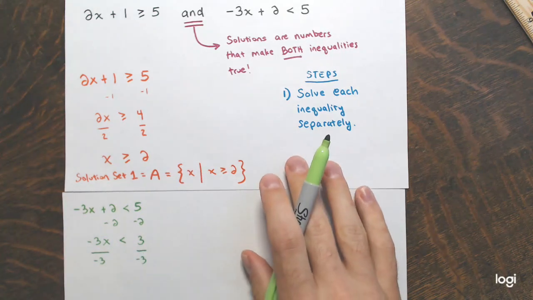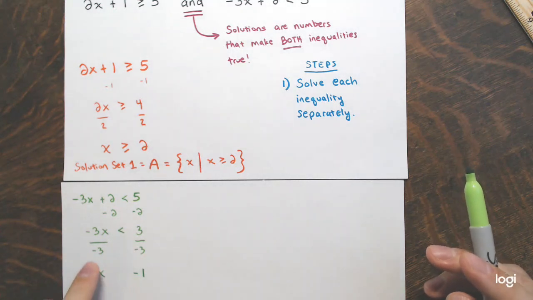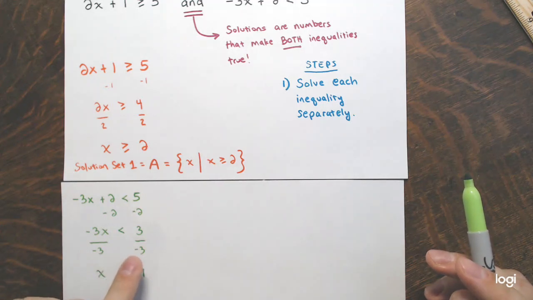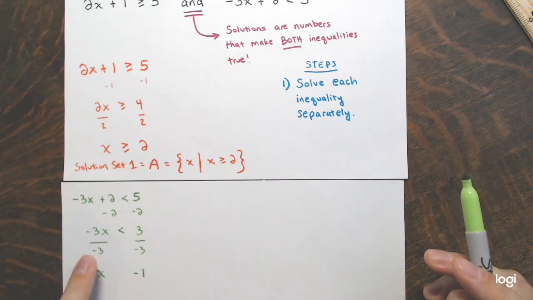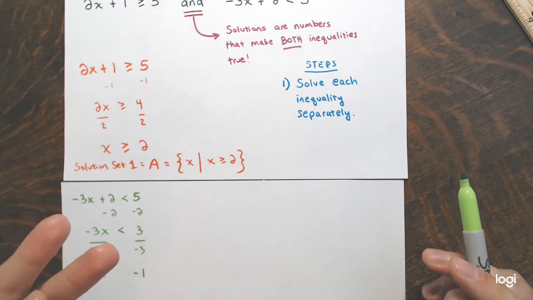Now here's where you have to be careful. Yes, the left side is 1x. The right side, 3 divided by negative 3, is negative 1. But here's the case I mentioned earlier, the only thing you're really going to have to worry about: if you multiply or divide both sides by a negative number, which I have done here, I've divided both sides by negative 3, the direction of the inequality flips.